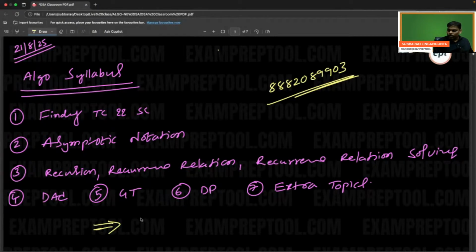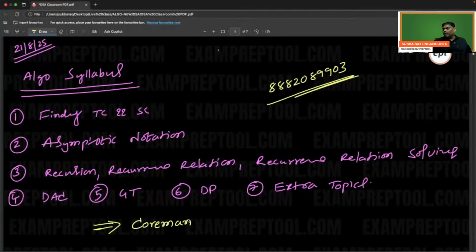One more way is you can open the Cormen book. There is one book for algorithms, Introduction to Algorithms by Cormen. The author is Cormen, and it is very famous. For a small doubt, you can refer to that book and study the corresponding topic.